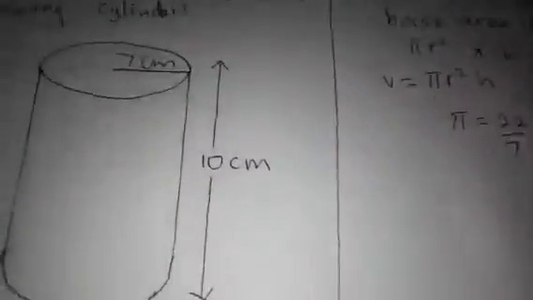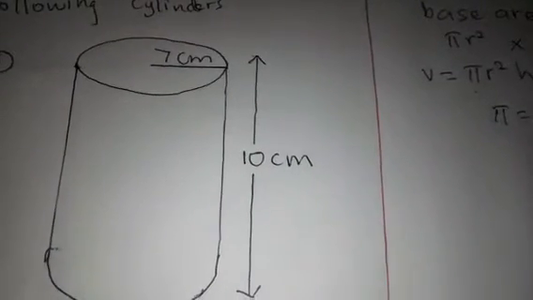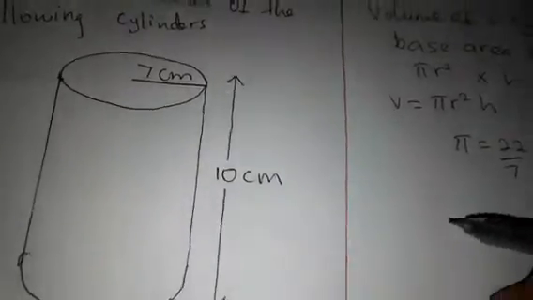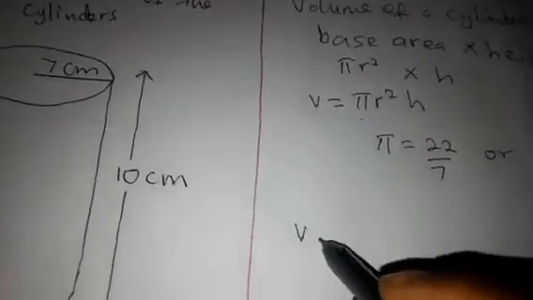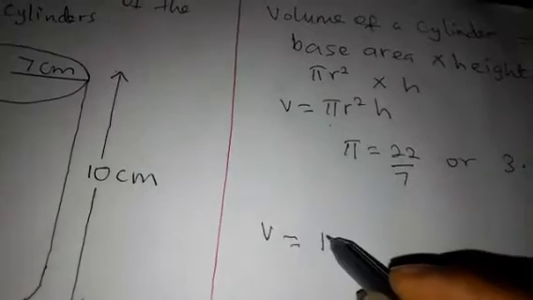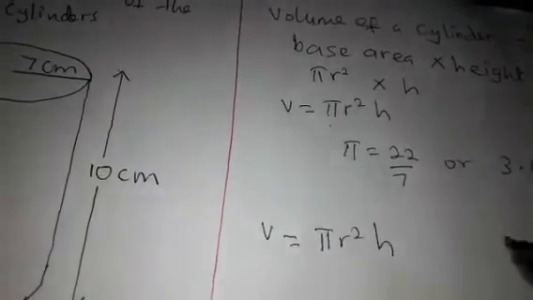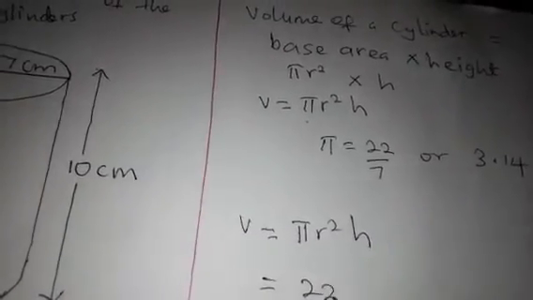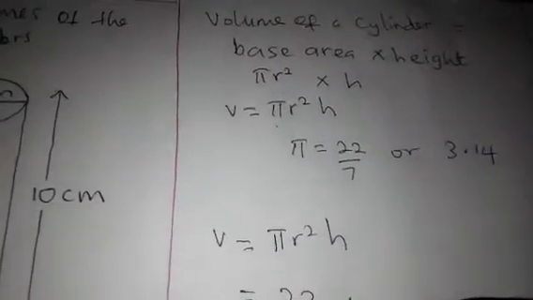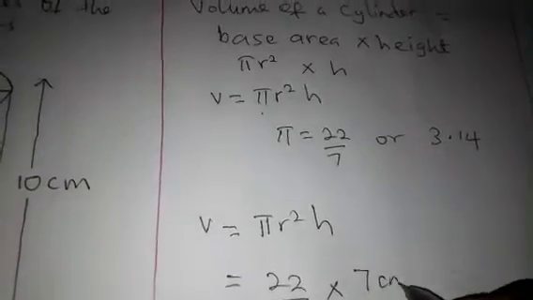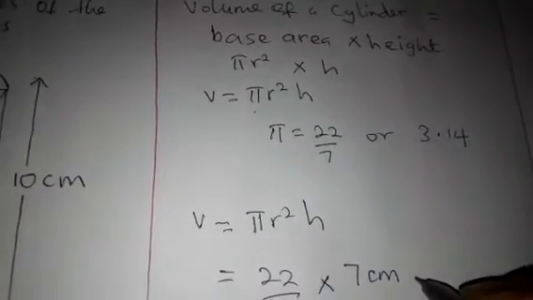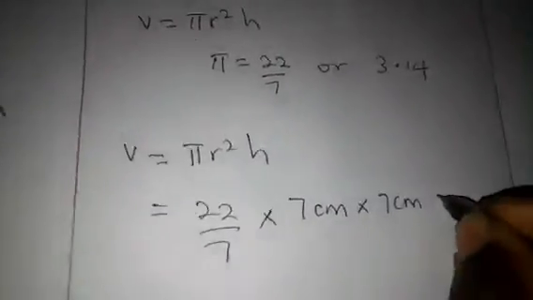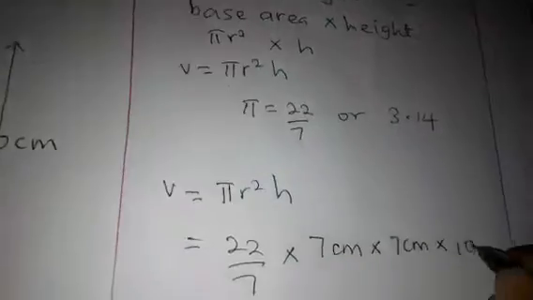For the first example, the radius is 7 centimeters and the height is 10 centimeters. So using volume V equals pi r squared h, we have V equals 22 over 7 times 7 centimeters times 7 centimeters times the height, which is 10 centimeters.